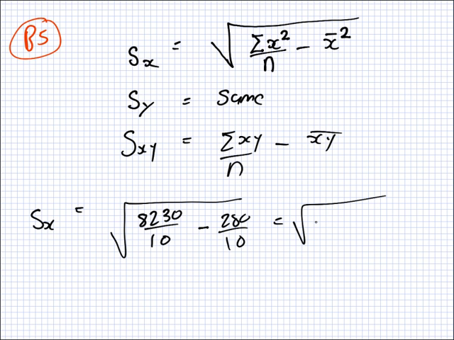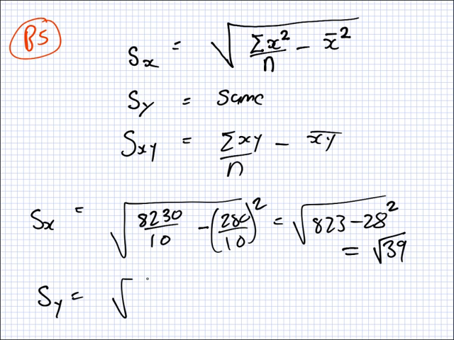So the answer is the square root of 823 minus 28 squared, which is root 39.